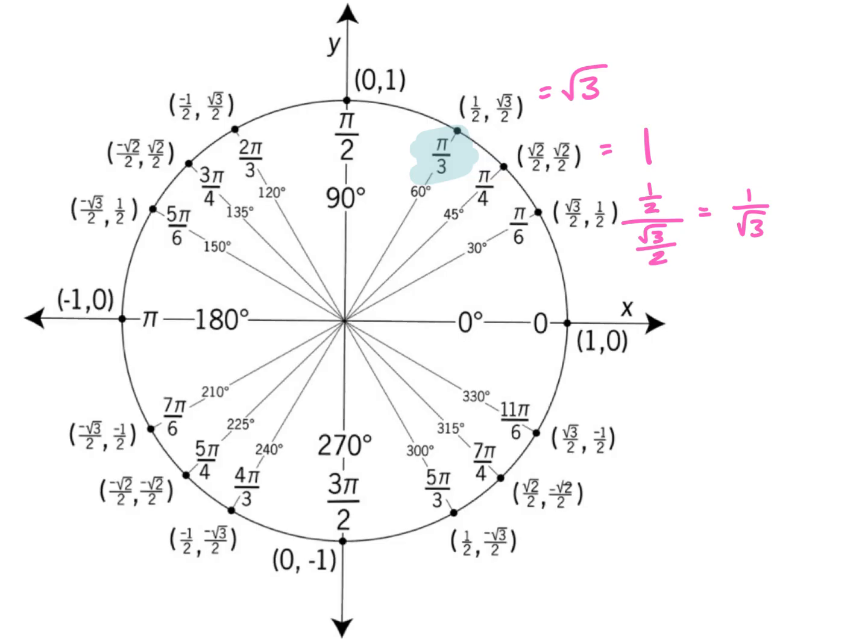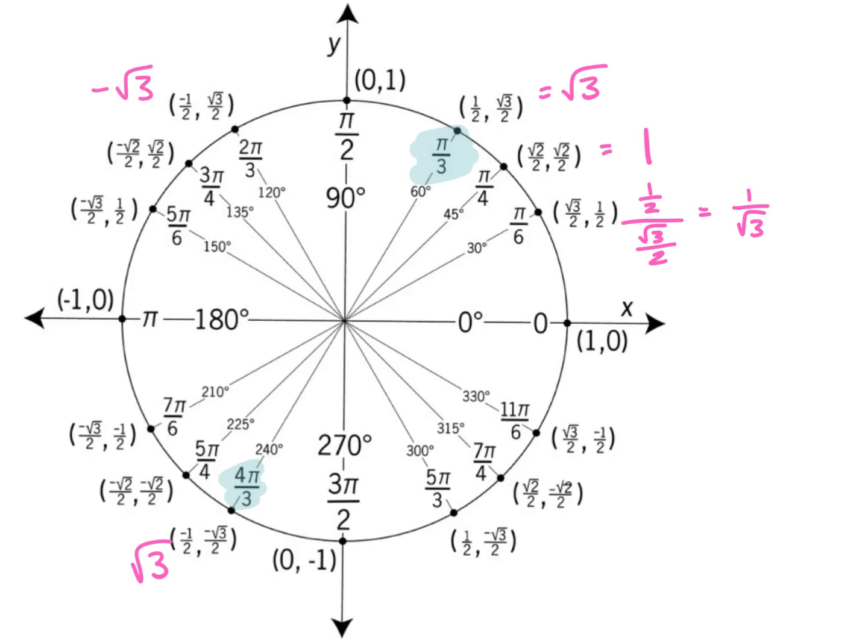Where else would tangent be square root 3? Positive or negative square root 3? What's our denominator? 3. So it has to be the ones that end in 3. 4 pi over 3. This will also give us positive square root 3, but we're looking for positive or negative. 2 pi over 3 would give us negative square root 3.